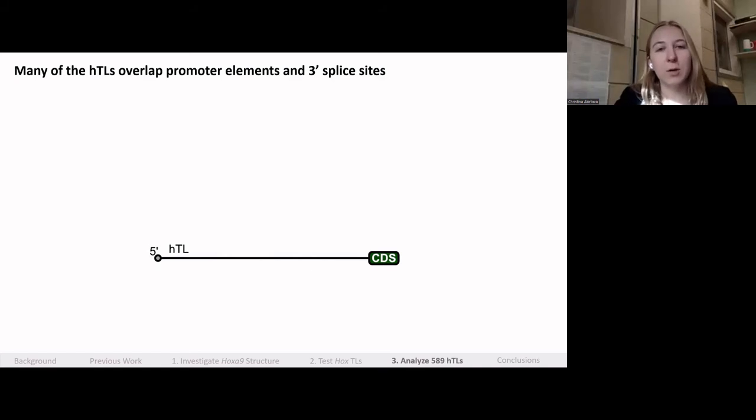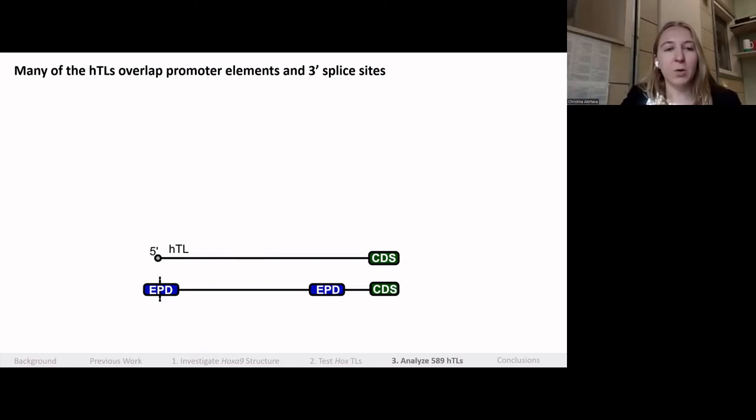Using promoter annotations from EPD and ENCODE databases, I next looked into that 589 hyperconserved transcript leader group to see any potential overlap for promoter elements. Wherever there was an EPD promoter, I labeled it as having some overlap.